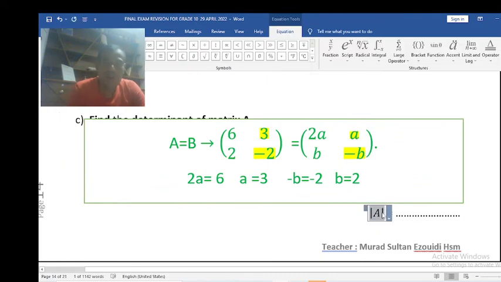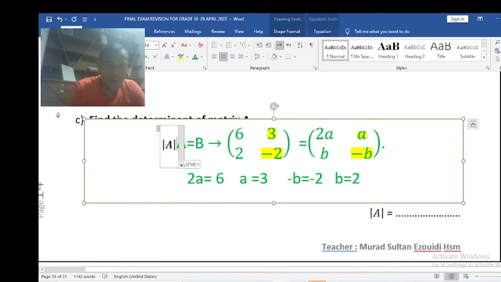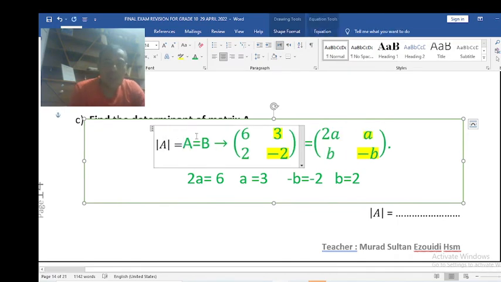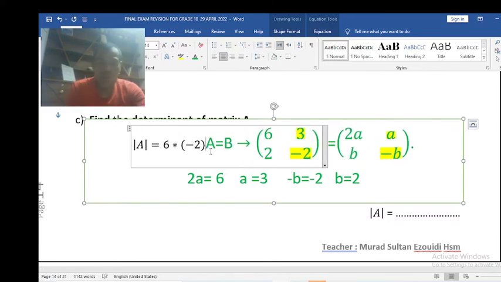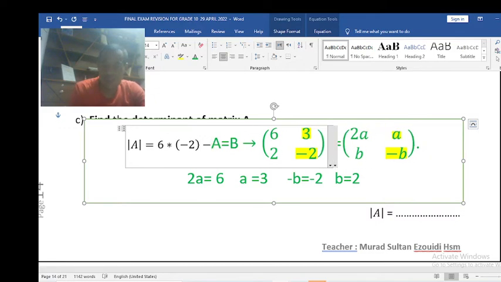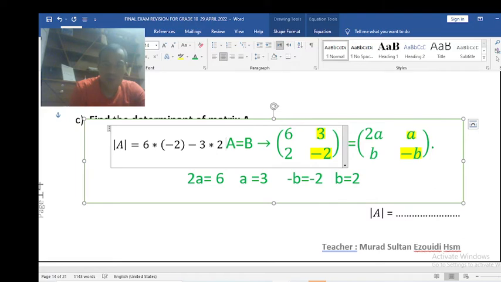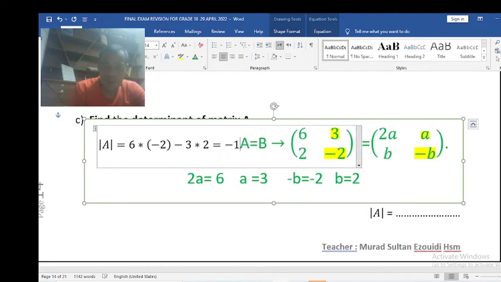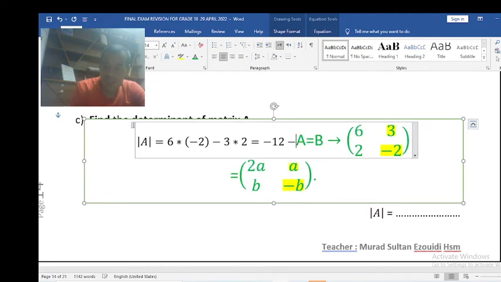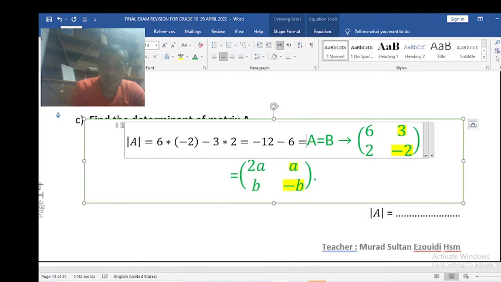Copy. So, for matrix A the determinant is equal to 6 multiplied by minus 2, put into parentheses because negative, then minus 3 multiplied by 2, which is equal to minus 12 minus 6, equal to negative 18.